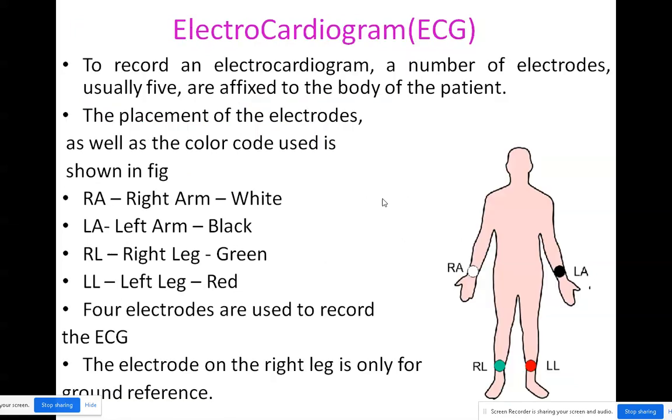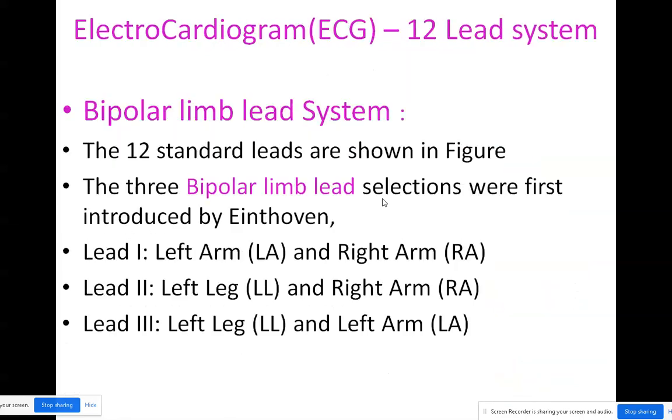The measurement of the ECG signal from the body is indicated by the lead system, the 12 lead system. The 12 lead system has 3 types: one is bipolar, then unipolar, and then modified unipolar. First we are going to see the bipolar limb lead system.